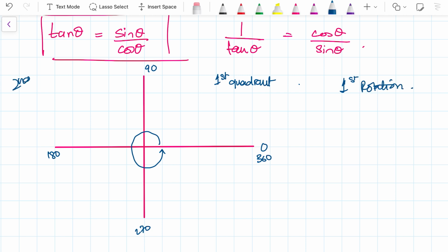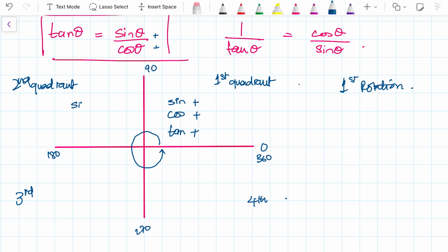This is called my second quadrant. This is my third quadrant. This is my fourth quadrant. Now, in the first quadrant, sine is positive. Cos ratio is positive. That means if you find cos 45, sine 30, sine 57, you will always get a positive value. And tan will also be positive because sine is positive and cos is positive.